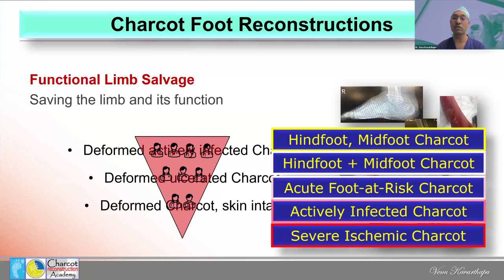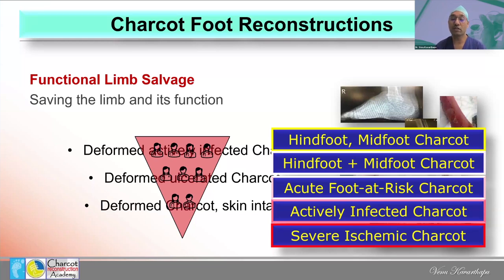In our unit, when a Charcot foot presentation is there, we use these categories: a simple hindfoot or midfoot Charcot in its lowest pathology, or a combined hindfoot and midfoot Charcot, a bit more complex in terms of surgical treatment, or an acute progressively deforming Charcot foot, the foot at risk acute Charcot, which is much higher pathology.